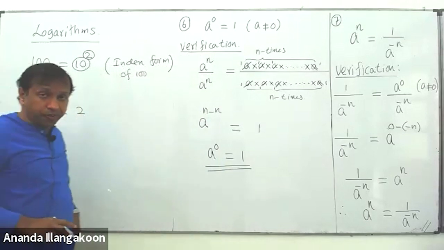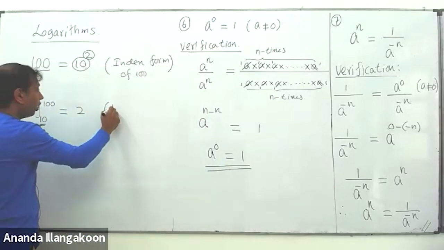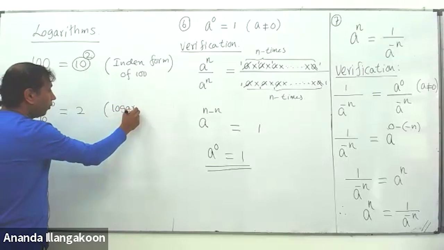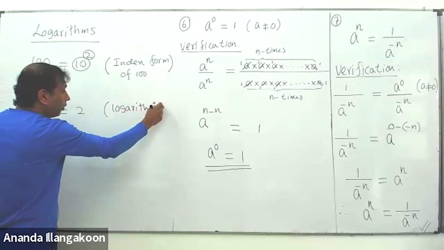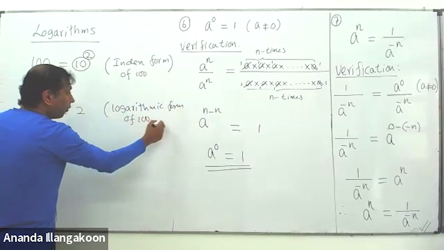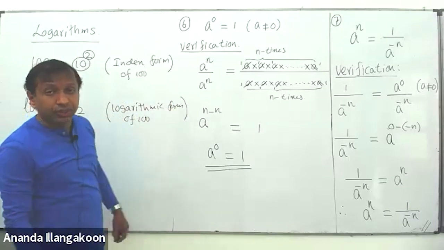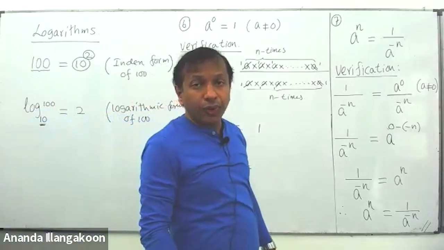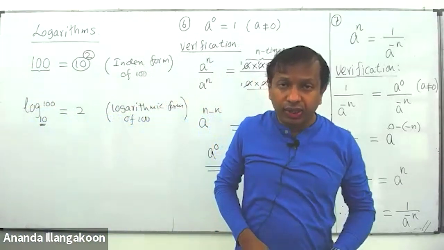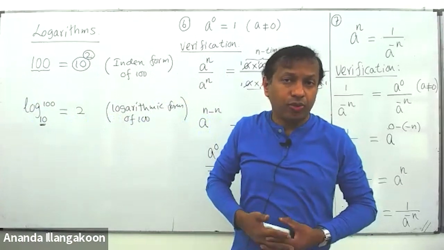That's what it means. So therefore, people, this is called the logarithmic form of 100. Understand? Right? So now you know, given an index form, how to convert to logarithmic form.